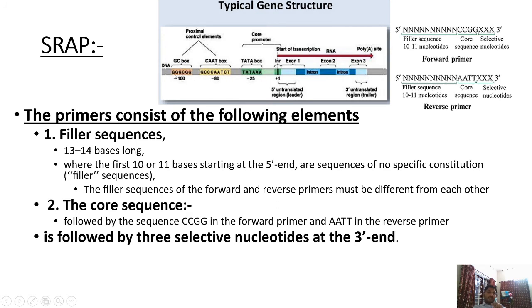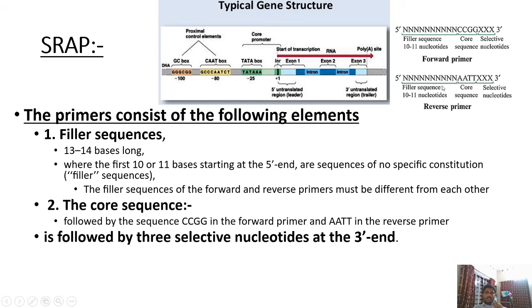So here you can see that this GC box has a CG-rich region, and after that the TATA box region may be constructed with an AT-rich region. So we have designed the forward primer with the GC-rich region. So it can recognize a region somewhere here in the GC box region.